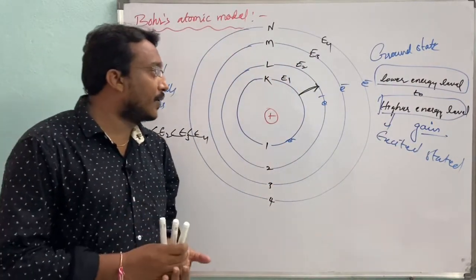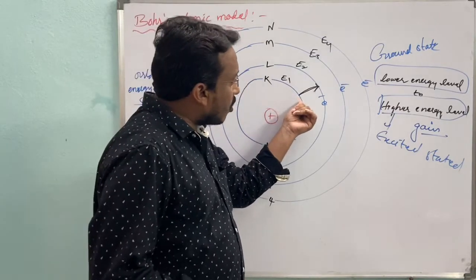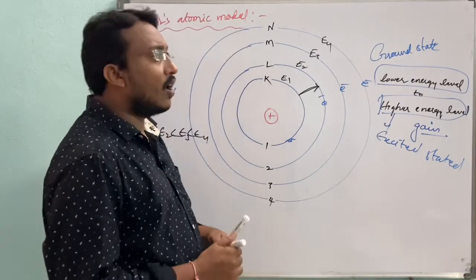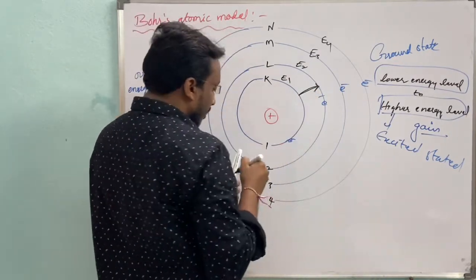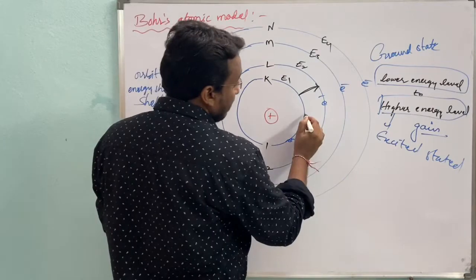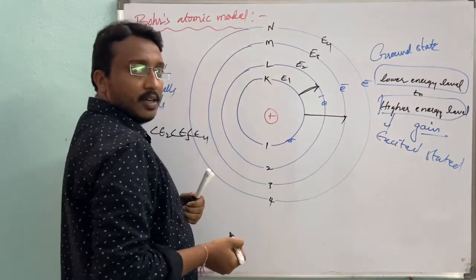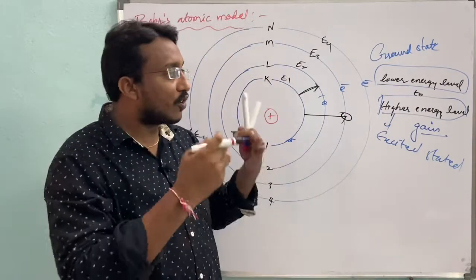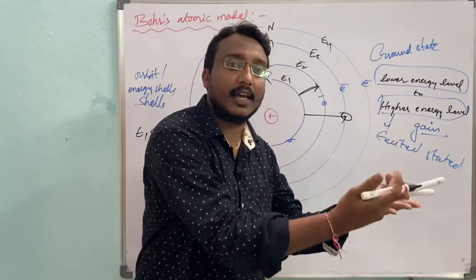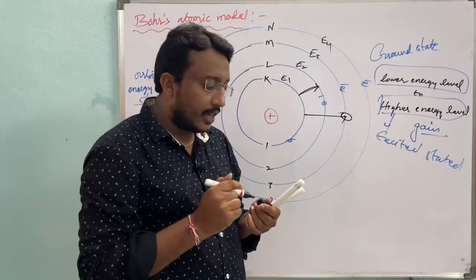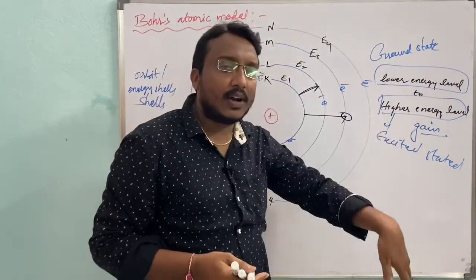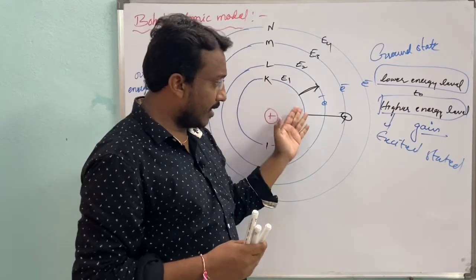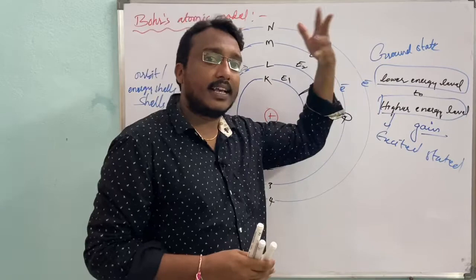Sir, when an electron jumps from lower energy to higher energy by gaining some energy, will that electron be stable in the excited state?